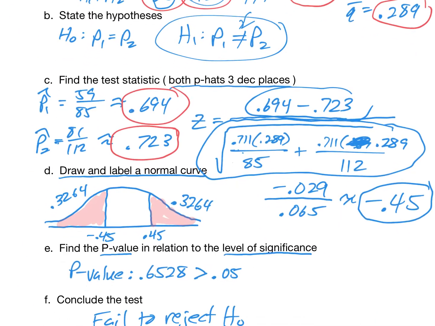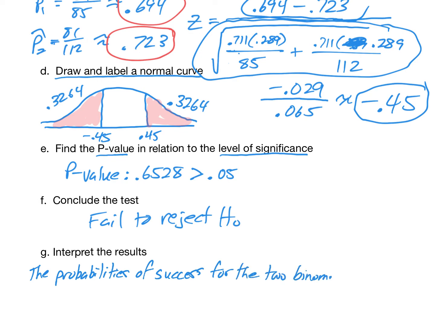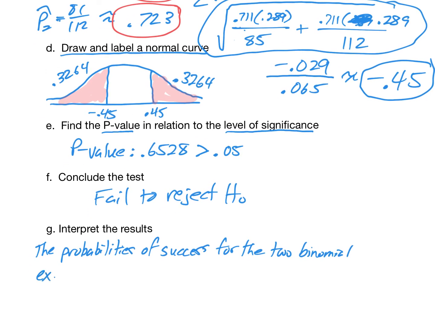So, very simply, our interpretation is going to be: the probabilities of success for the two binomial experiments do not differ.